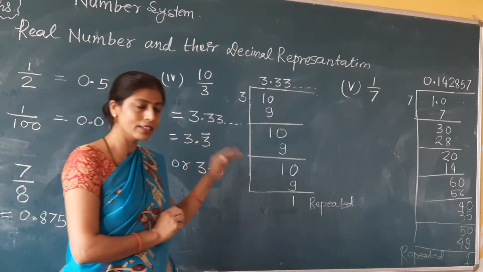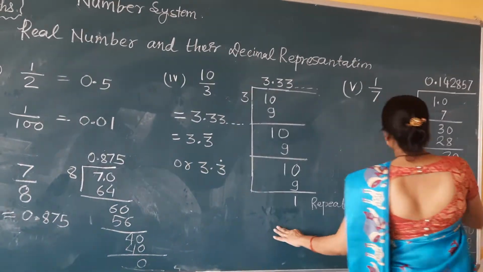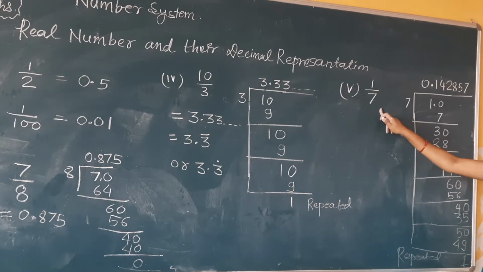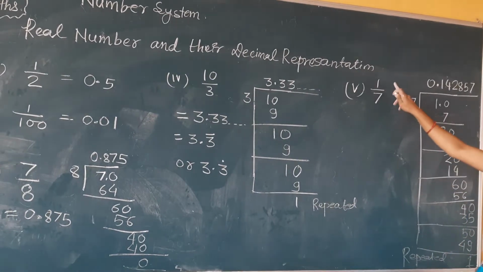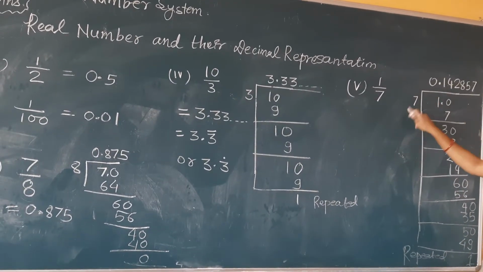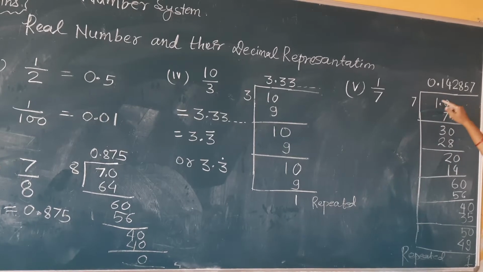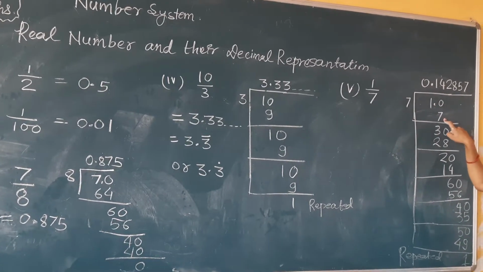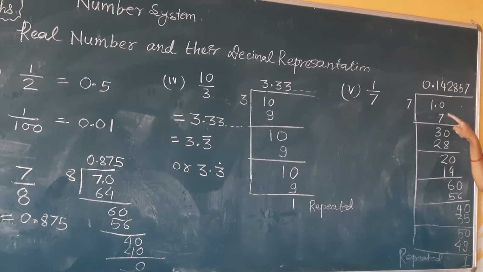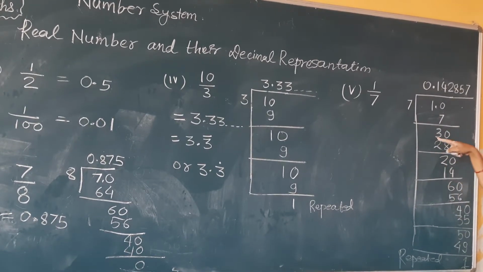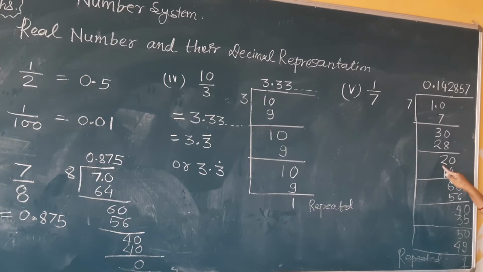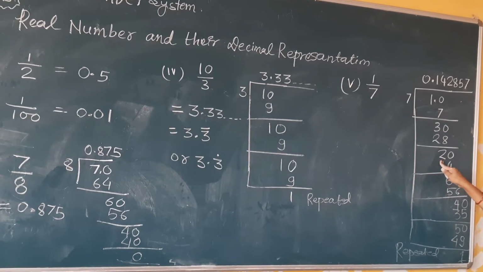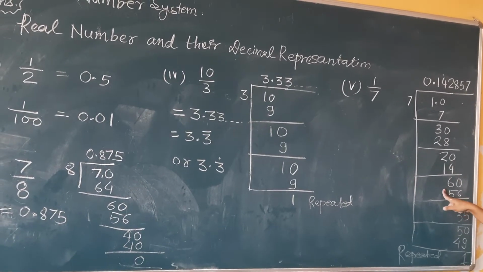Let us look at another example. If you want to write 1 upon 7 in decimal form, we have to divide 1 by 7. So we get 0. When we divide one time, we get 3 as remainder. Again we divide, we get 2 as remainder. Then we divide, our remainder is 6.